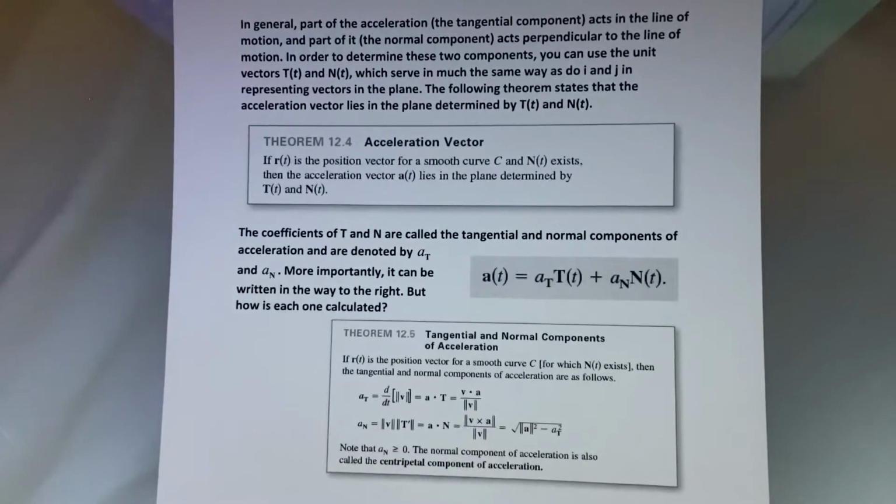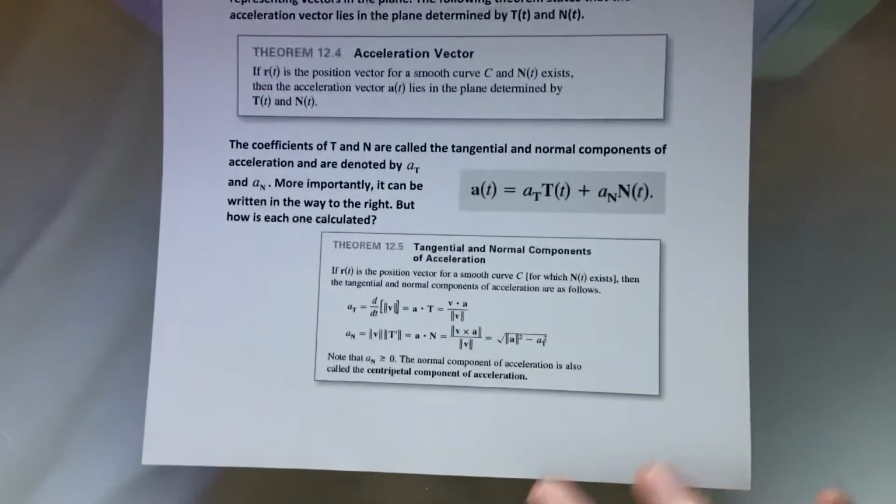How is each one calculated? It's these formulas below. a sub T, the tangential component, is the derivative of the magnitude of v, which is the acceleration dotted with T, which is also equal to the velocity function dot the acceleration function divided by the length of the velocity function.